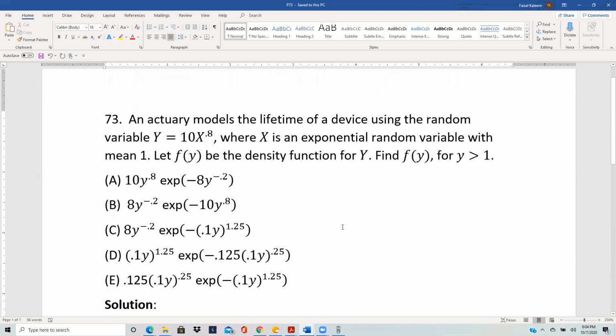And then we need the CDF of Y. We've discovered by now that whenever it's a transformation problem, and we need the PDF of Y, even if you have to get the PDF, you have to go through the CDF. So we first go for the big F of y.